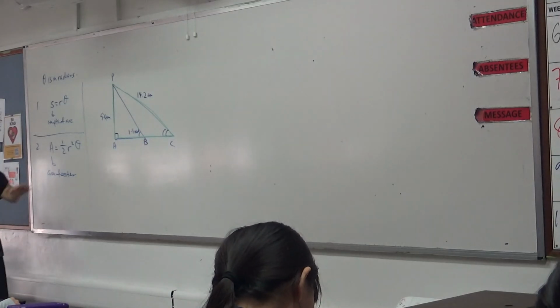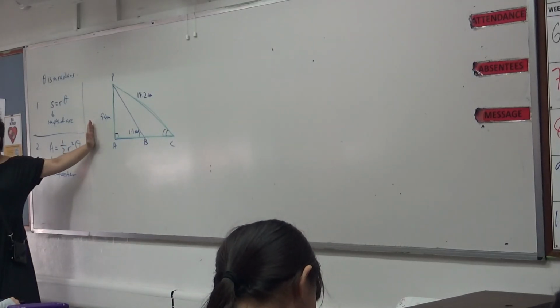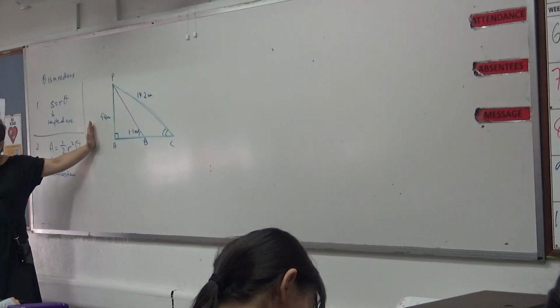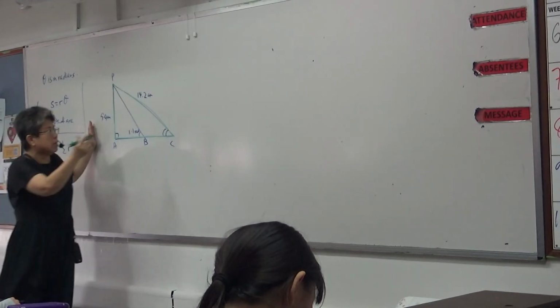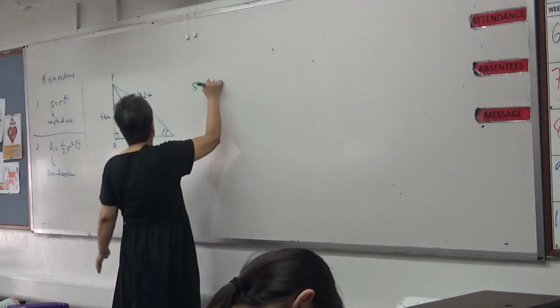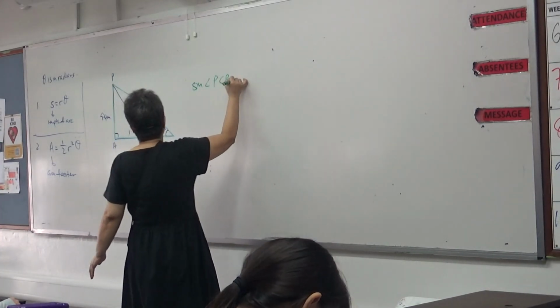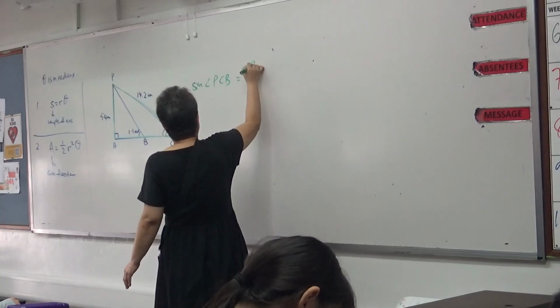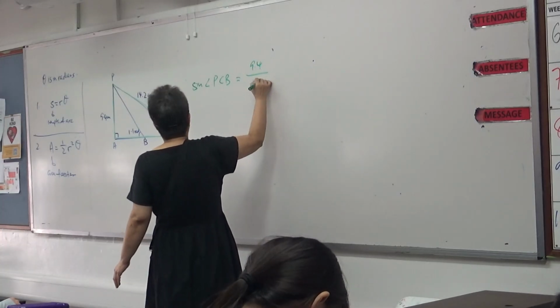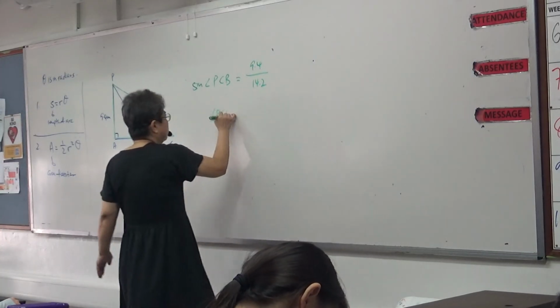Okay? Use what? So, which one? So that means I use sine, right? So, sine angle PCB will be 9.4 over 14.2.